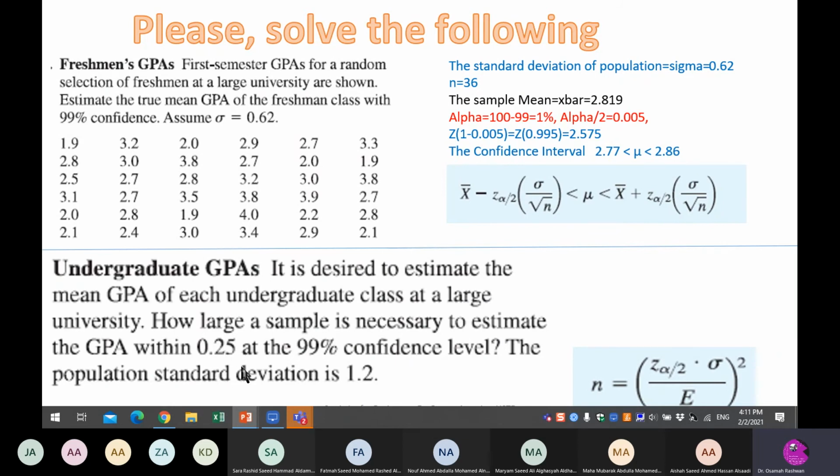So I can ignore the margin of error, right? So please replace this one by 0.025. Put this one as we have it here, 2.575, and I'll show you how to get it from the z table. And you are given sigma. So please divide this one by this one and then square it and give me the n, please.